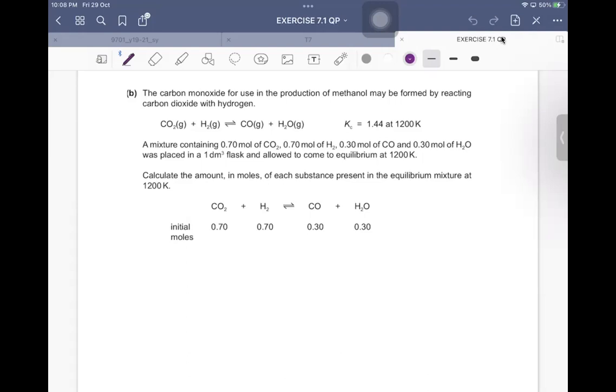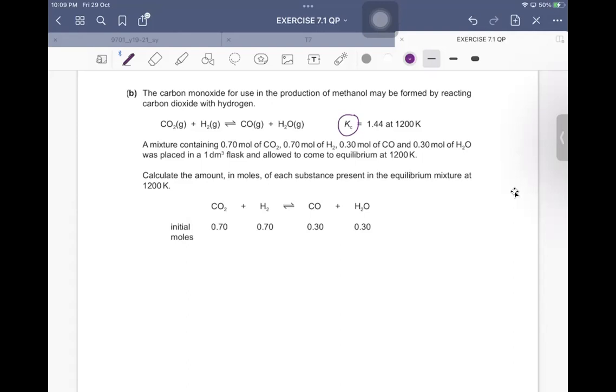This time, you notice that they have given us the Kc. In the examples that we did, all our Kc values are the ones that we have to work out ourselves. Okay, so just leave it there for now. A mixture containing 0.70 mole of carbon dioxide and hydrogen, 0.30 mole of carbon monoxide and water was placed in a 1 dm cube flask.